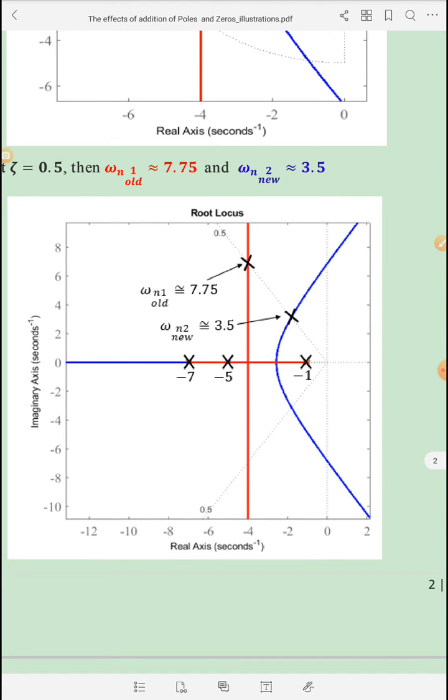This means that as omega n increases, the time related parameters will be reduced, and if the time related parameters are reduced, we have a faster response.